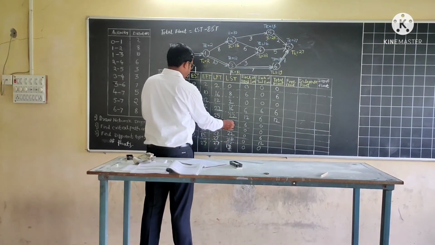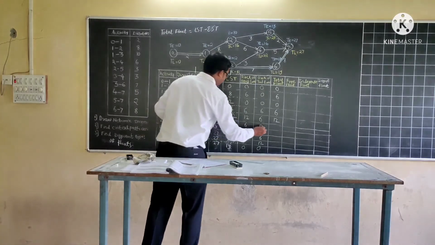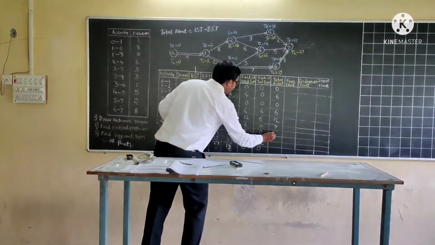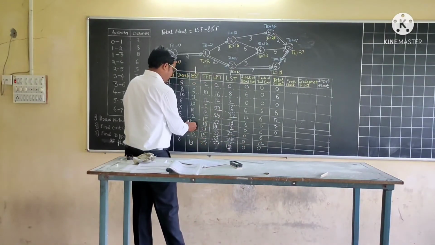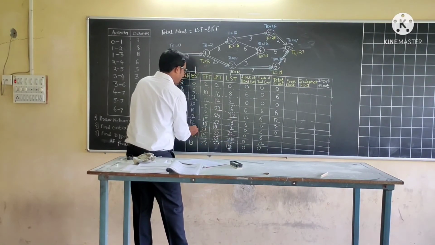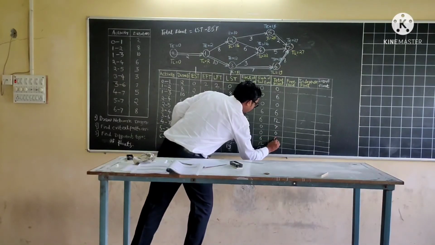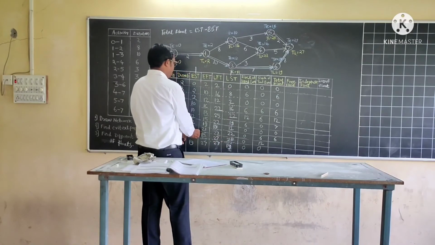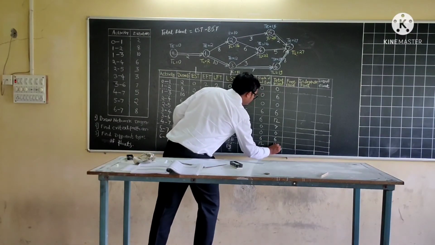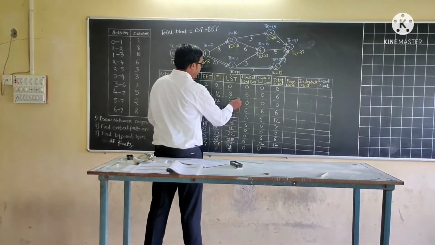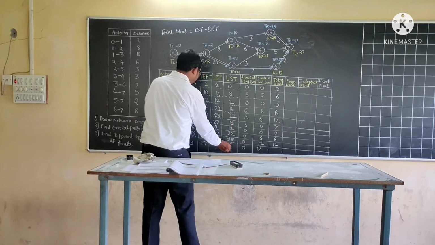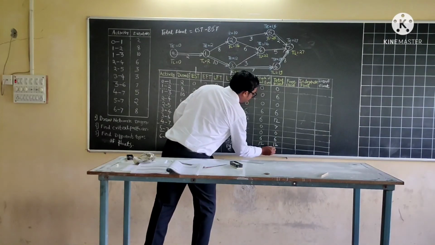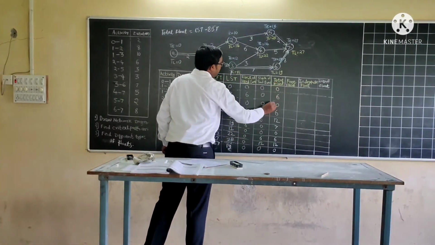Here 19 minus 12, 7. 12 minus 12, 0. 22 minus 16, 6. Here 25 minus 13, 12. And lastly 19 minus 19, 0. So in this way total float is also calculated.